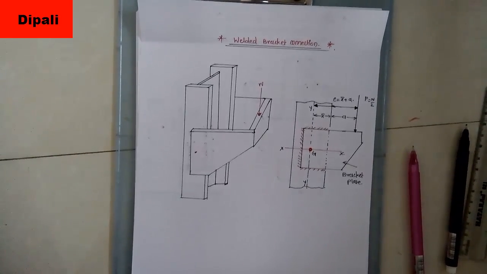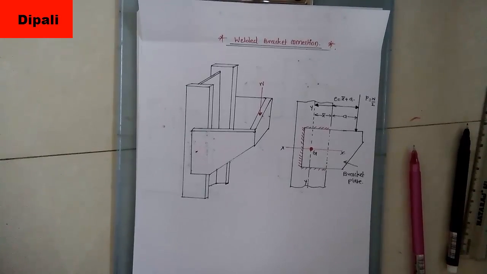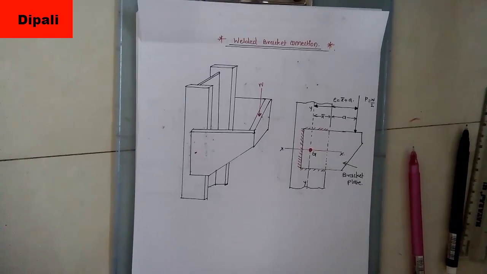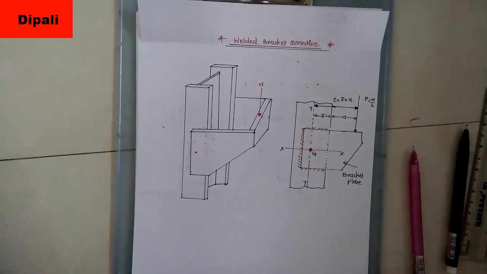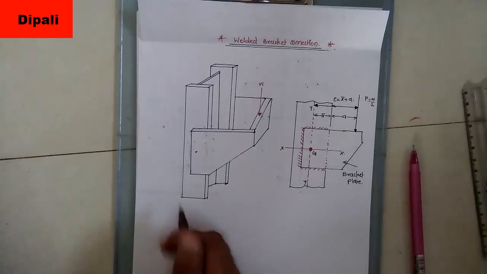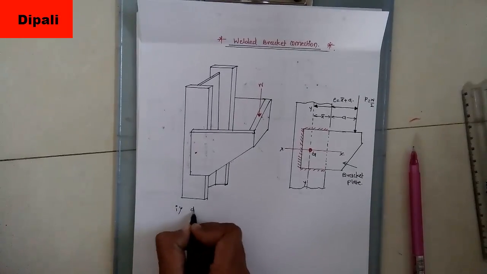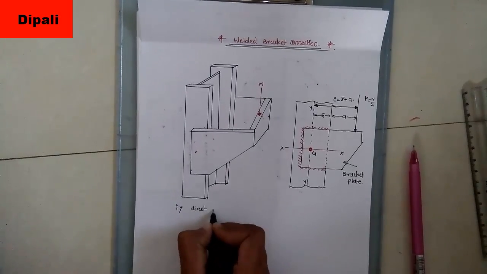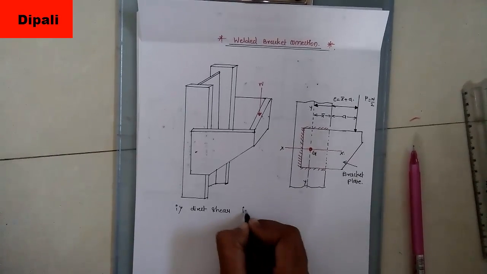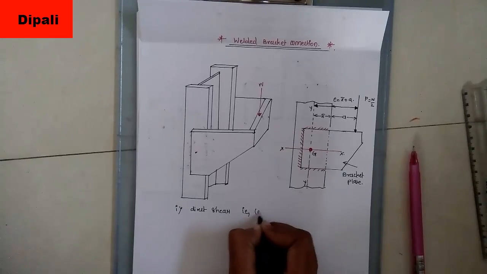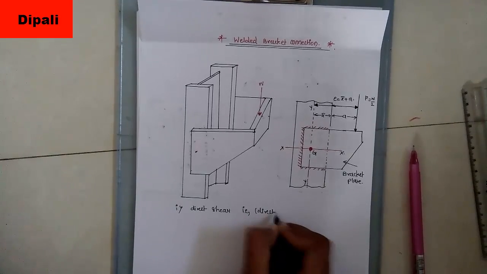In this session I am going to explain a welded bracket connection. First, this welded connection is subjected to direct shear, that is, direct shear stress.